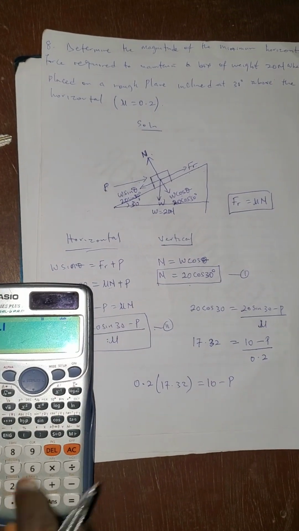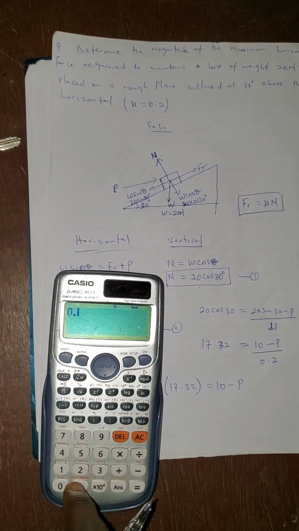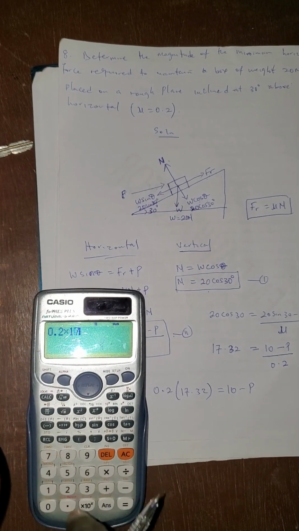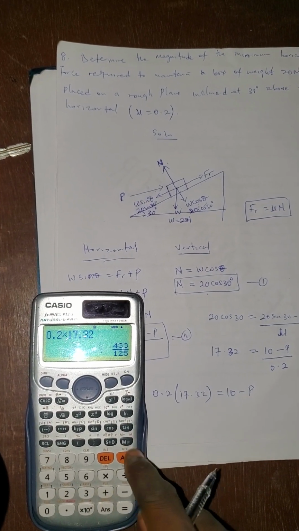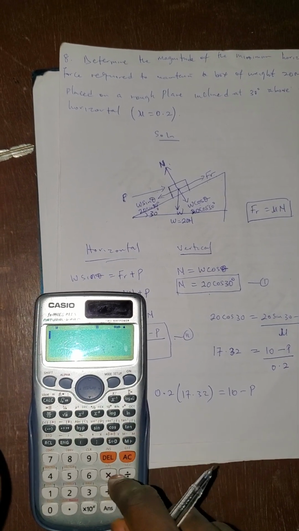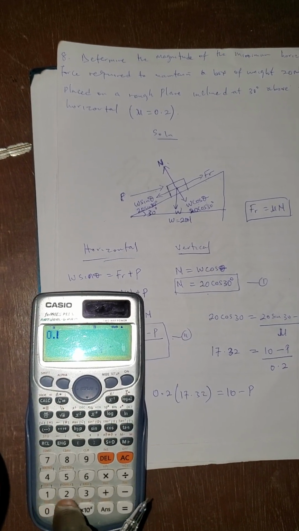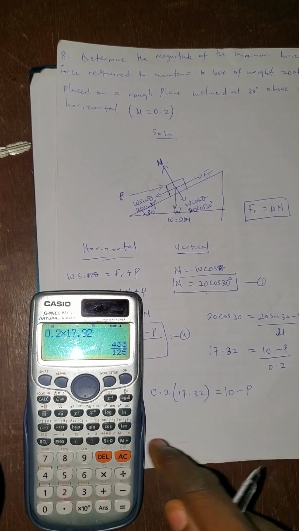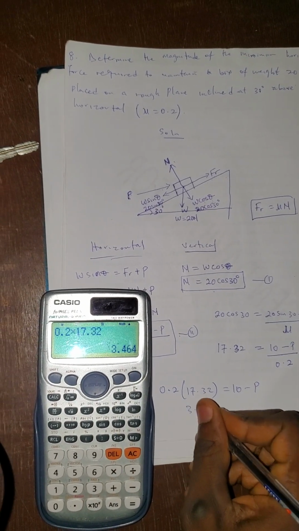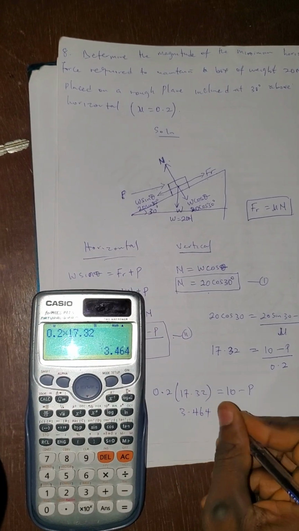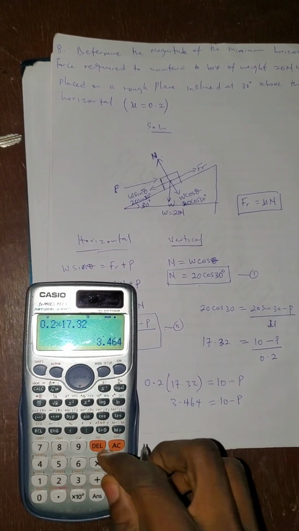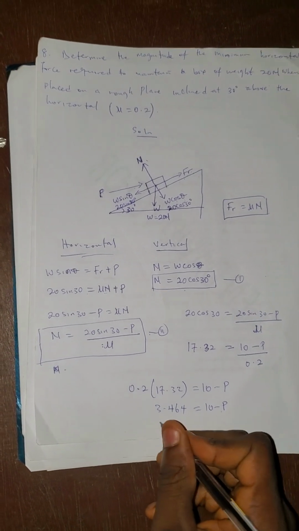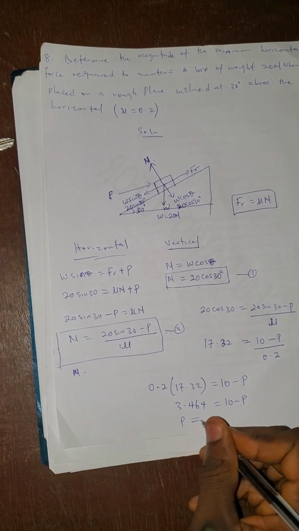What is 0.2 multiplied by 17.32? The answer is 3.464, to be equal to 10 minus P. Now let's make P the subject of formula. If you take minus P to this side, it becomes P equal to 10.